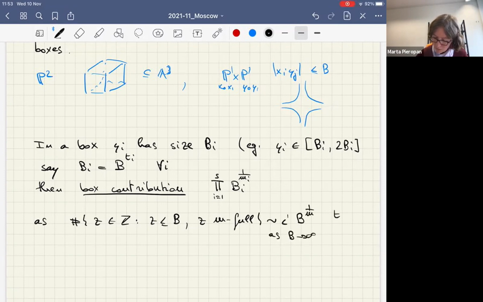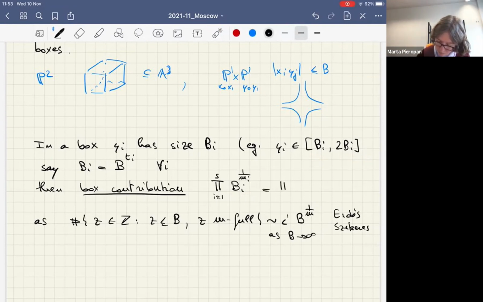And this is a result by Erdős and Szekeres. A very old result. So each of the sides of the box is going to give me a bi to the 1 over mi, and the whole box is going to give me a product of these.